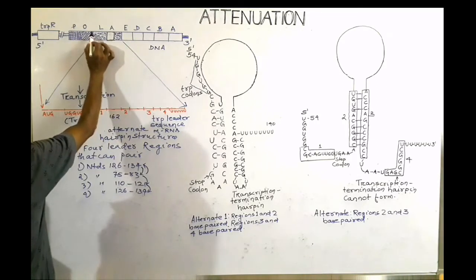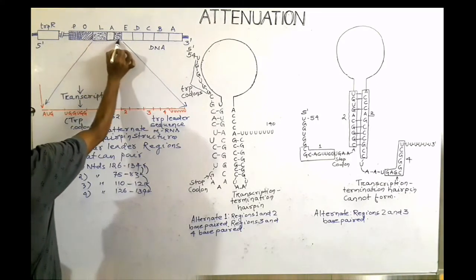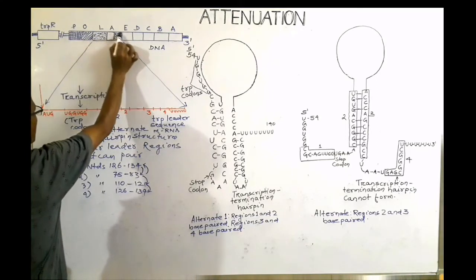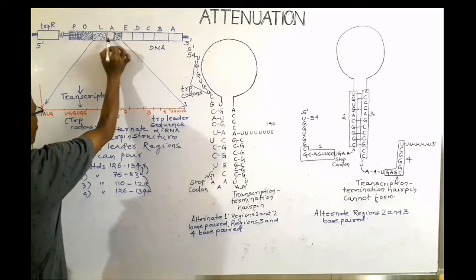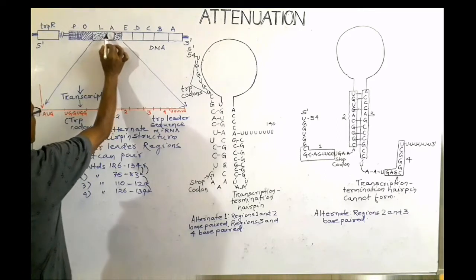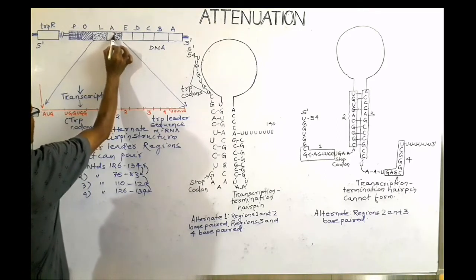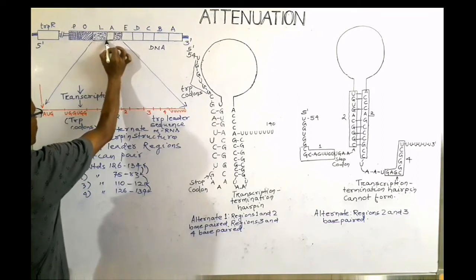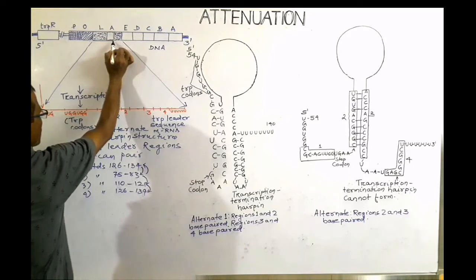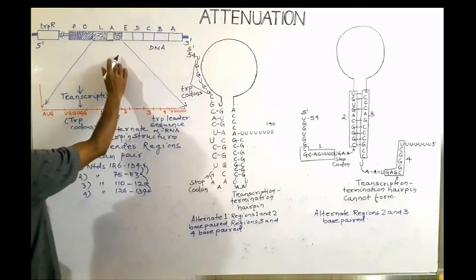After the operator, there is a specific sequence that is known as the leader region. Within this leader region, there is a specific sequence that is known as the attenuator. This attenuator sequence plays an essential role in the process of attenuation.